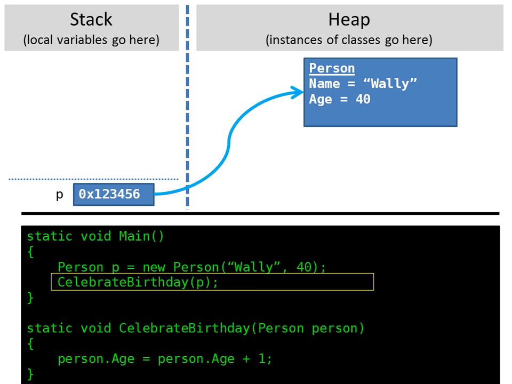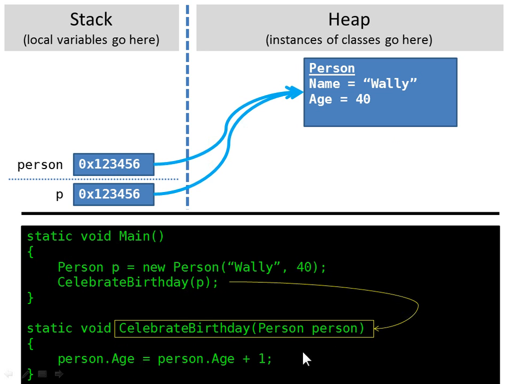Then when we're about to call into celebrate birthday, space is allocated on the stack for the local variables in that method, and that includes the variable person that gets passed in. So we have space on the stack for the variable person, and because we call celebrate birthday passing in the variable P, the value that P has in it, the reference of P, gets set to the reference person.